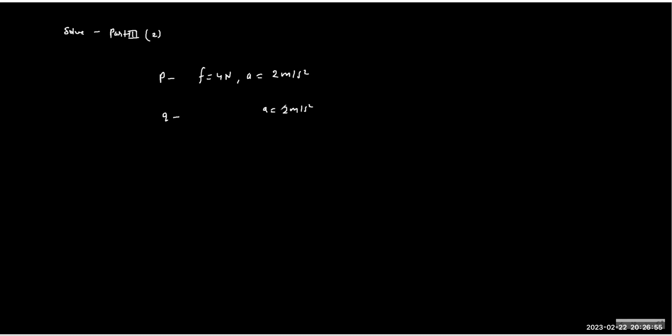And what about the friction? Now the friction is moving the 4 kg block. So 4 into 2, which is 8 Newton. In R, again the acceleration will be the same. But to draw the FBD, you need to understand something here.